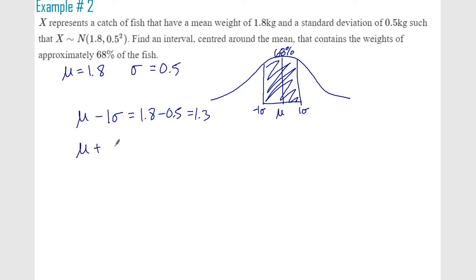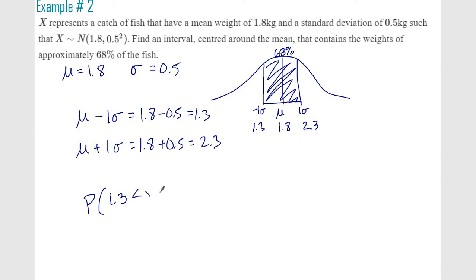Then take your mean and add one standard deviation, so then we get 2.3. So this interval is around the mean of 1.8 and goes from 1.3 to 2.3. So we write that as the probability that x is between 1.3 and 2.3 is approximately 68%.